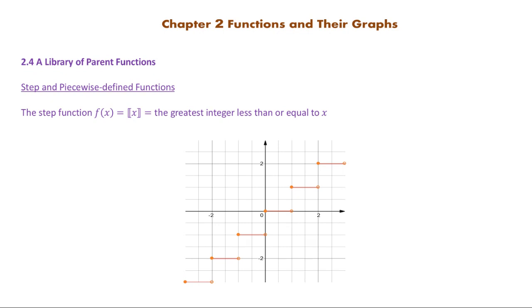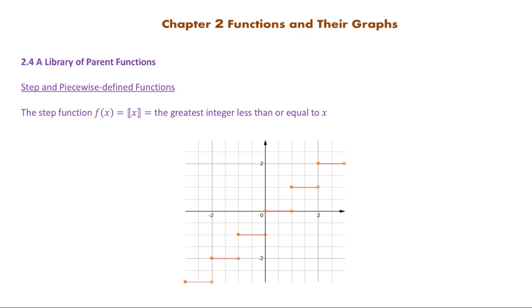And then when x is between 1 and 2, greater than or equal to 1, less than 2, like 1.1, then the greatest integer less than or equal to 1.1 is 1, isn't it? So that's again y equal to 1.